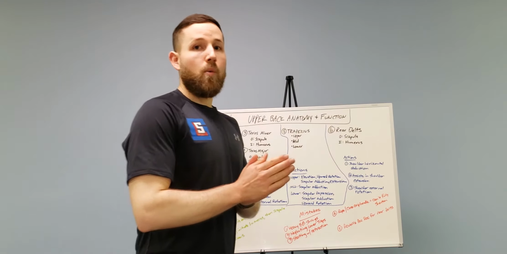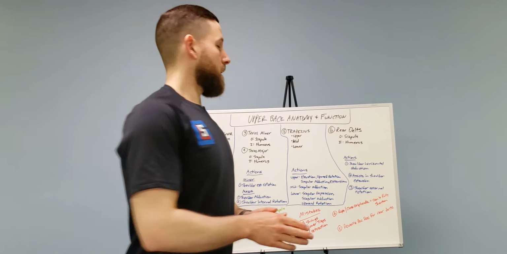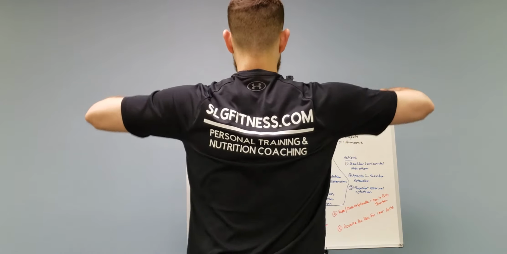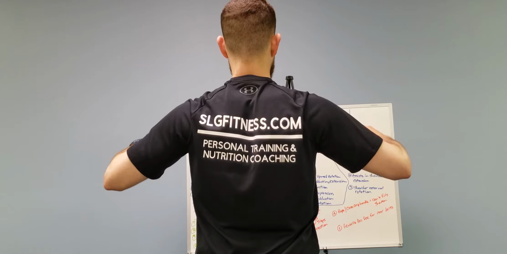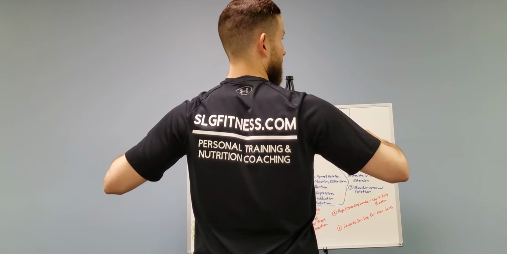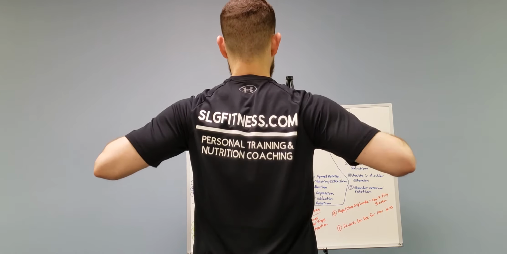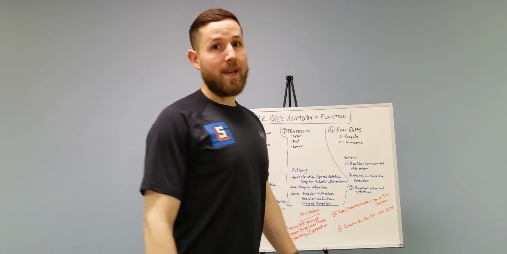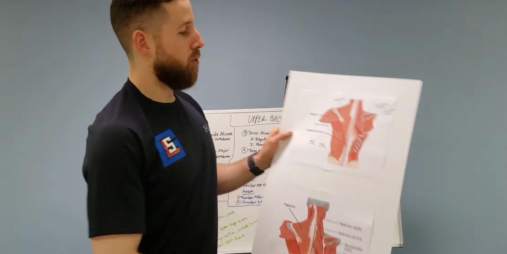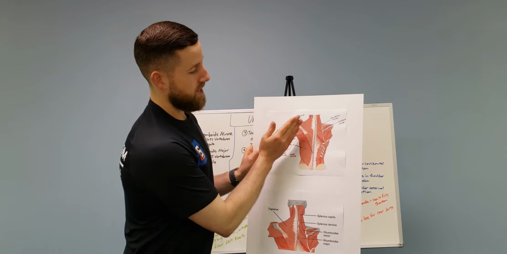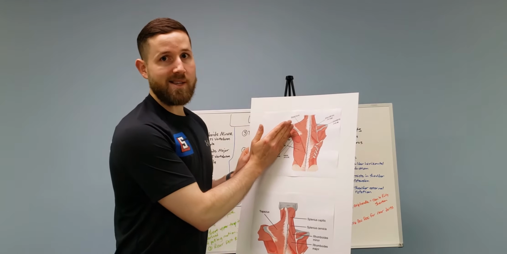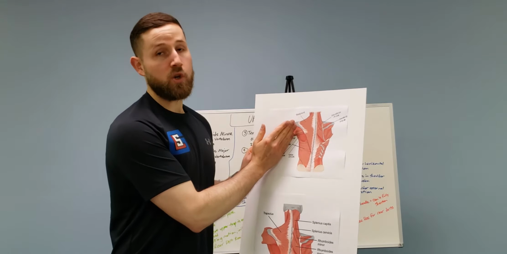Now, when we talk about training rear delts, this is our rhomboids. Bring that arm path down slightly for the rear delts. Reason being, when we pull back on the rear delts, we want those rear delt fibers to line up with the scapula at 90 degrees. That's going to be our most efficient way to train our rear delts.